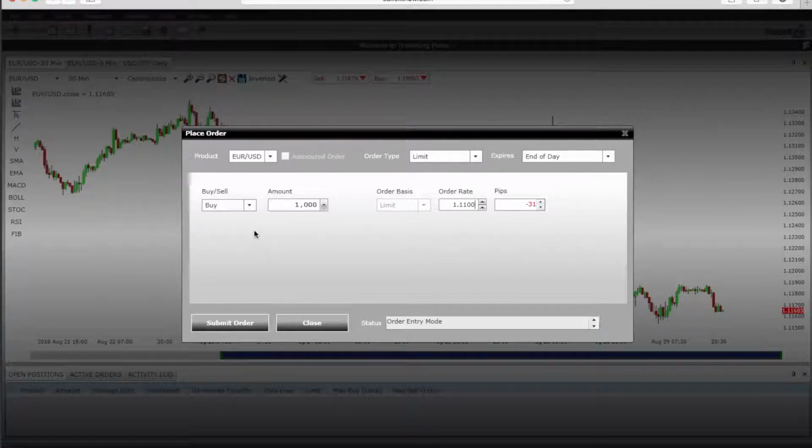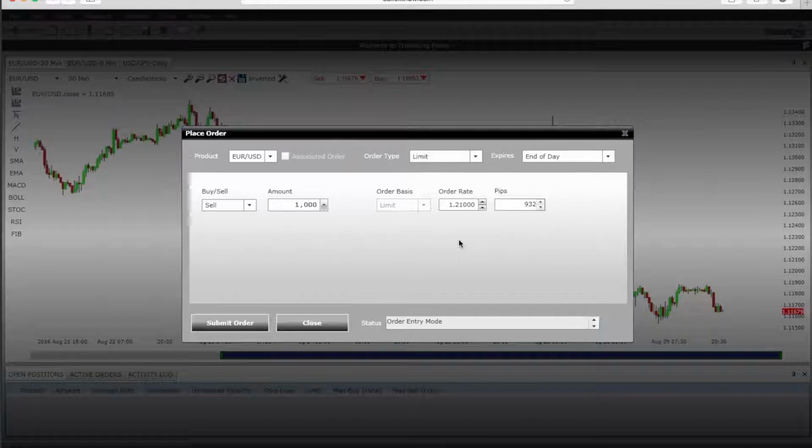Then I'll show one more use of a limit order. Let's say you already own 1,000 units of the euro-dollar pair. In that case, you can say, I bought the euro-dollar pair 2 days ago, and it's since gone up in price, and unfortunately I'll be away from my computer during the rest of the day, but I think it'll reach 1.2100 within a couple hours.